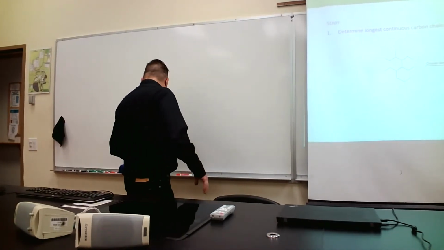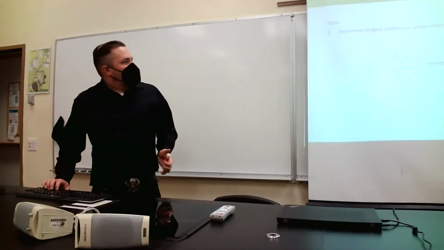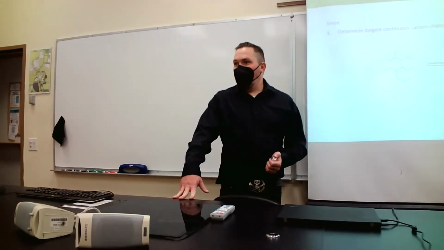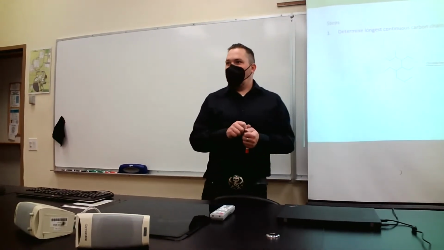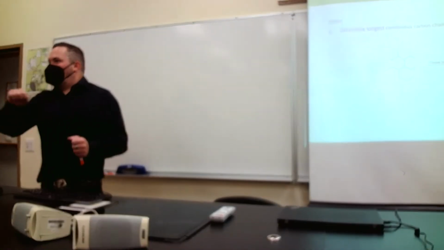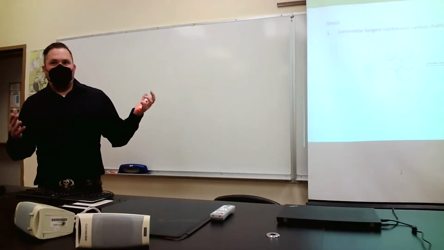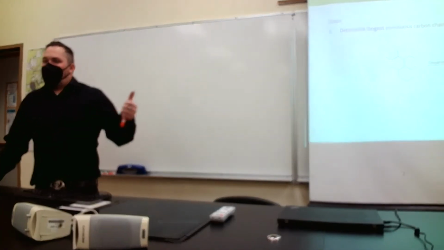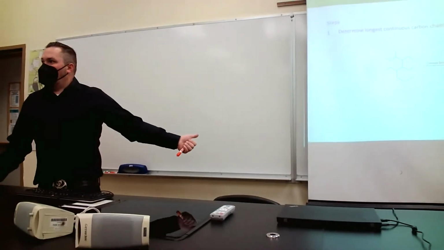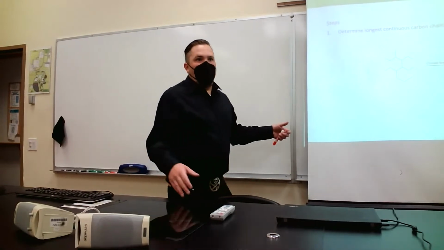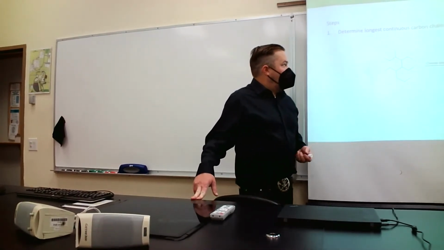Right? So the longest continuous carbon chain is not always going to be written left to right. It frequently is. If you're starting from the name and drawing something, it's usually easiest to start by just saying, oh, it says hexane, I better draw 6 carbons in a row. And it's usually convenient to draw that as a straight line. But if you're starting from a structure, they're not always going to be drawn in a way that makes the parent chain left to right or one continuous straight line.